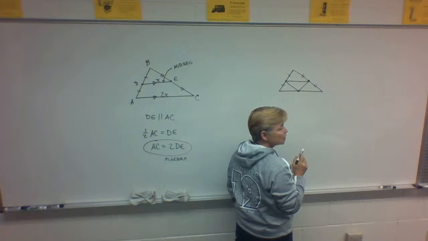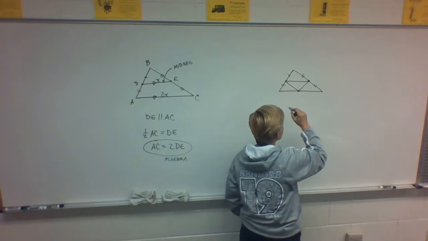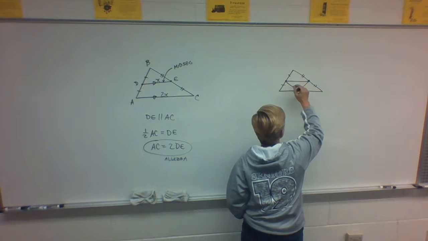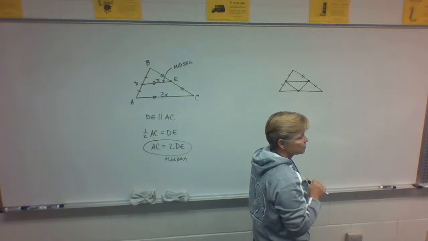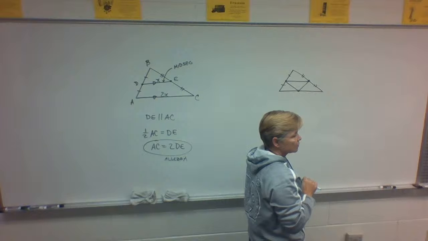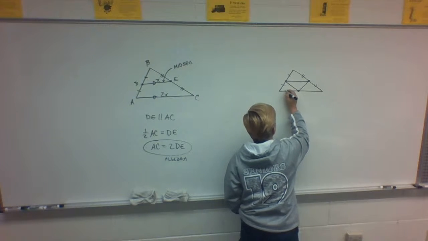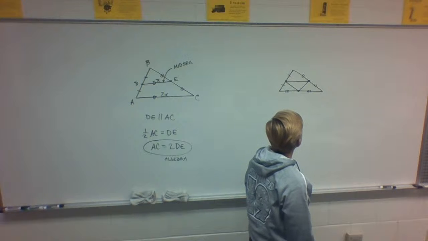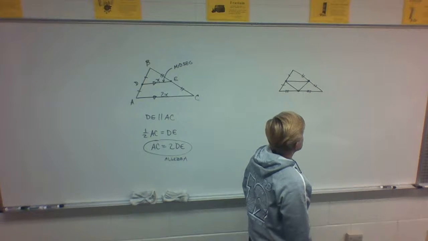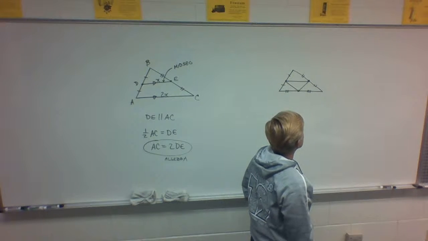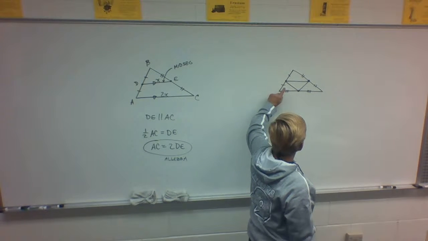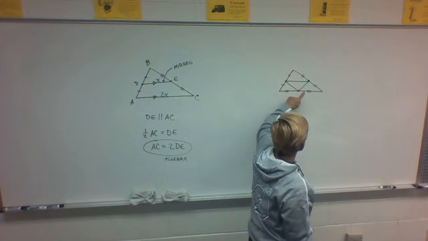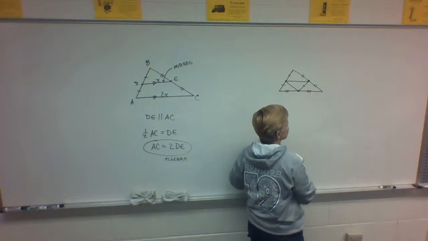And what's really cool about all this is when you draw all 3 of them, you get 1, 2, 3, 4 triangles, and they're all congruent to each other. It's kind of a cool thing. I'm trying to decide if I want to prove it to you or not. But this has a triple and a single, this has a triple and a double, which means this is the single.